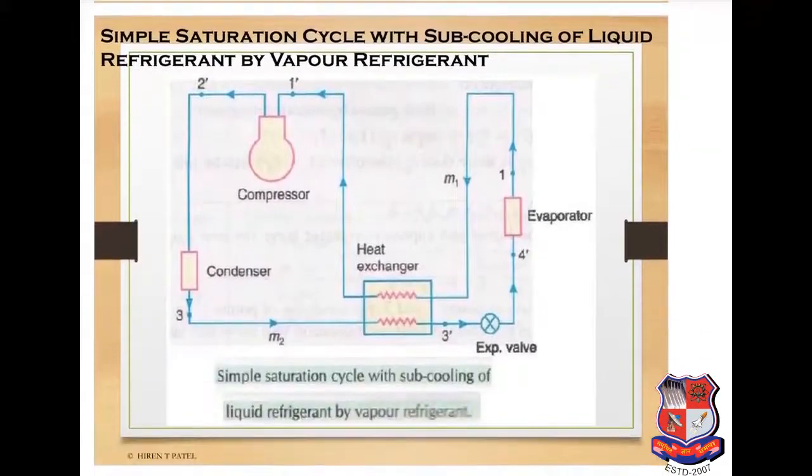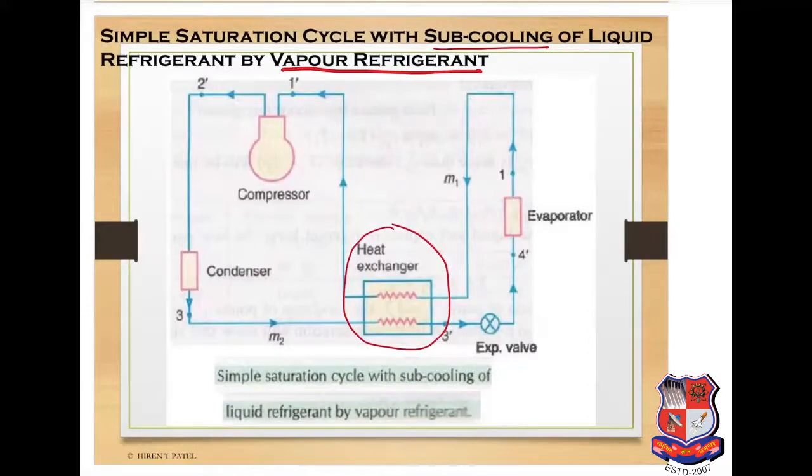So another modification, that is subcooling of the liquid refrigerant by vapor refrigerant. So here a heat exchanger is provided between the lines. So one portion is between the condenser and expansion valve, and another portion is between the evaporator and compressor.